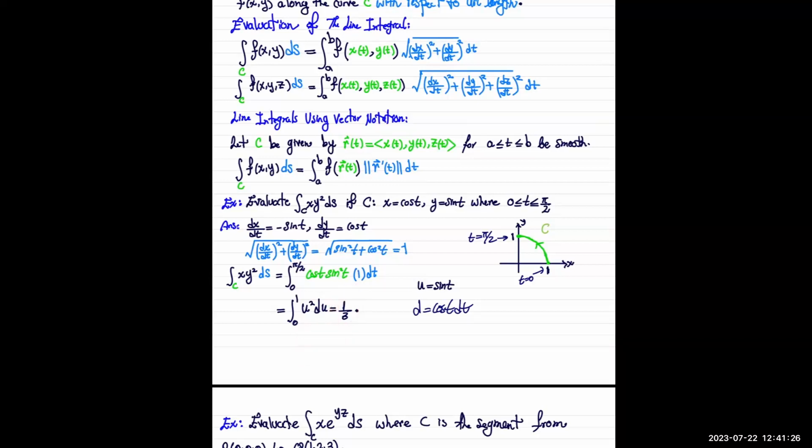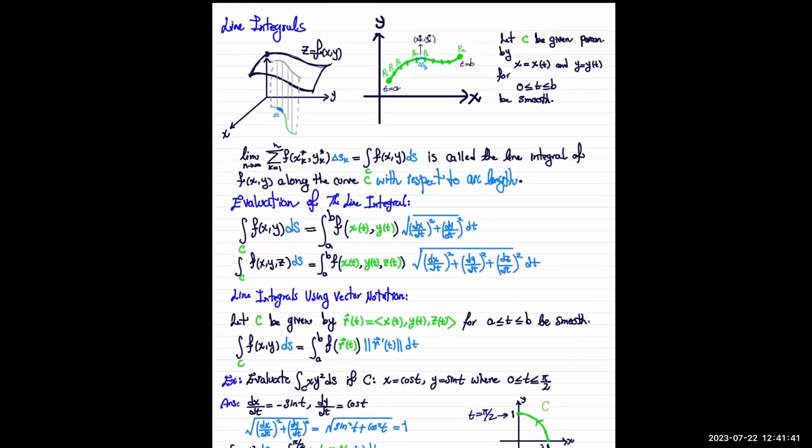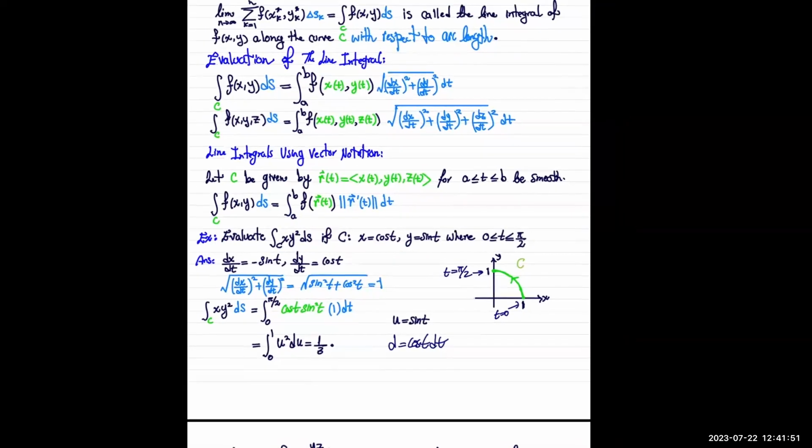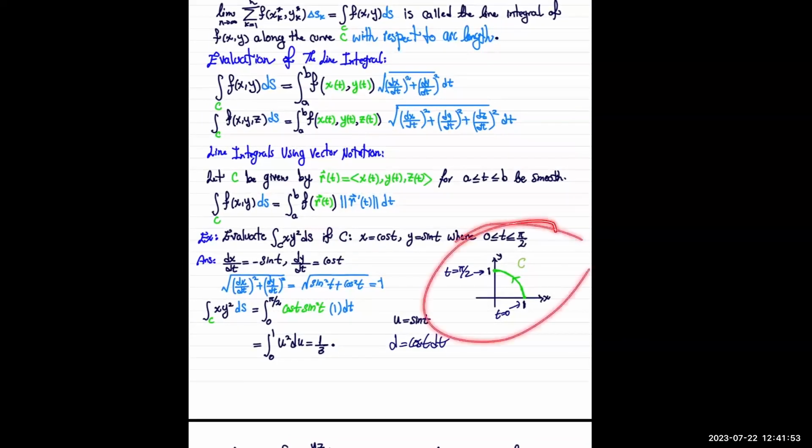So what is the meaning of this line integral? This is just a line integral. But if you want to give it a geometric interpretation, then you can use the curtain argument, right? Or the fence argument. So imagine we have a surface right above the xy plane.